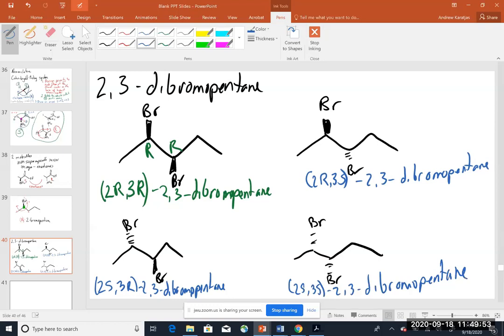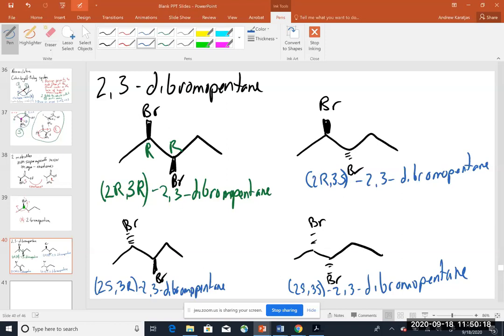So what is the relationship of these pairs, or of all 4 of these molecules? Because they're not all enantiomers. Enantiomers only exist when we have mirror images.